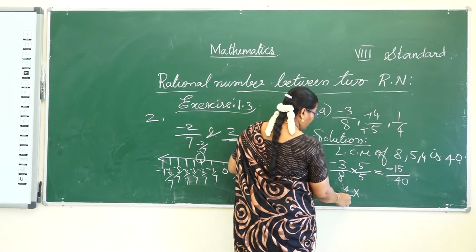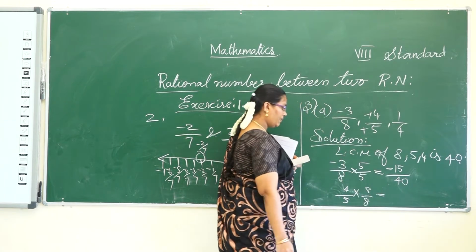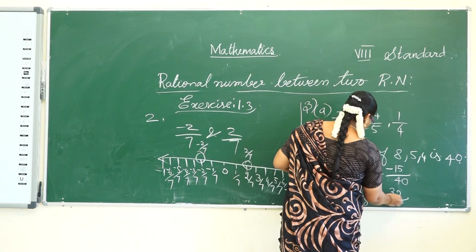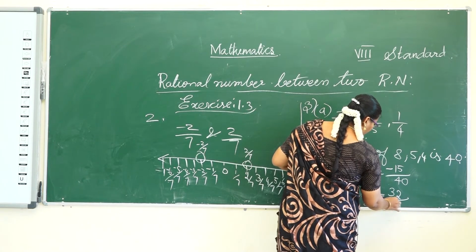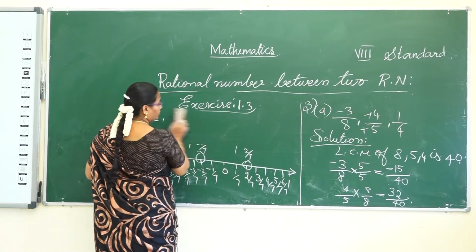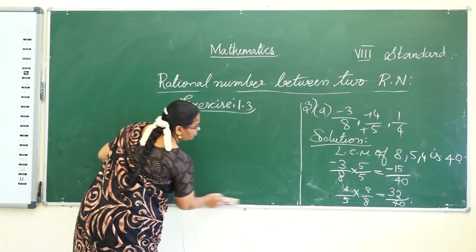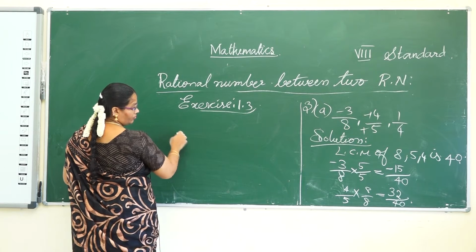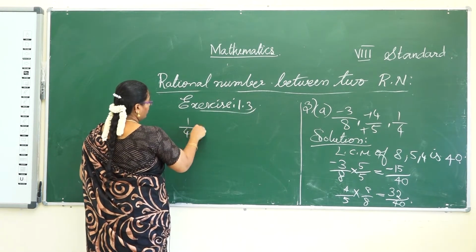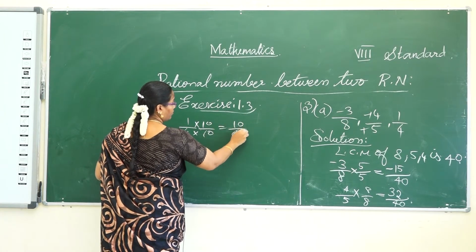Here 4 by 5 multiplied by 8, the numerator also multiplied by 8, 4 8s are 32, 8 5s are 40. For 1 by 4, multiply by 10 by 10, so 10 by 40.